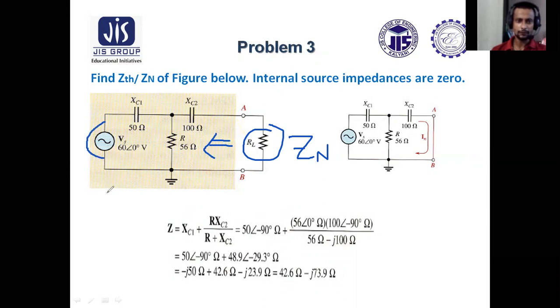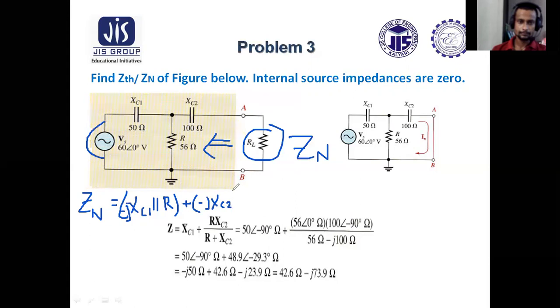Zn will be parallel combination of this is Zn.